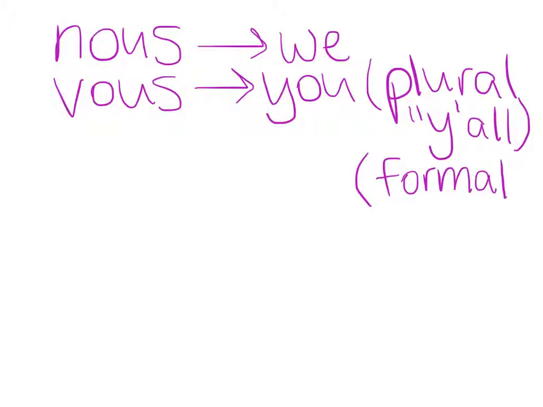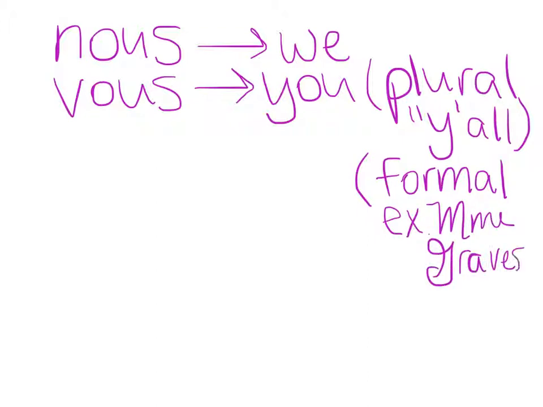So if you're talking to one person formally, for example, if you were talking to Madame Graves, Dr. Graves, as we would say in English, you would say vous to her if you were talking to her.